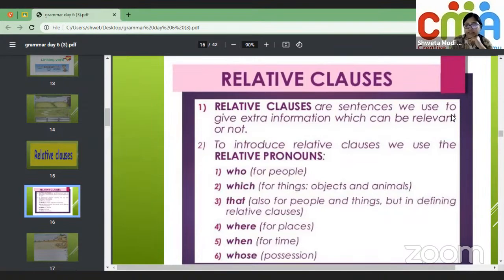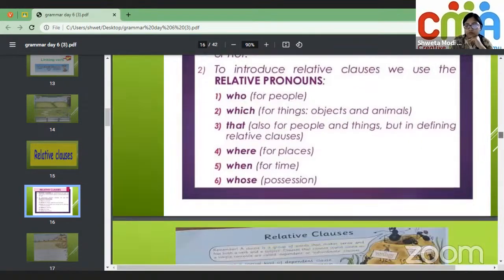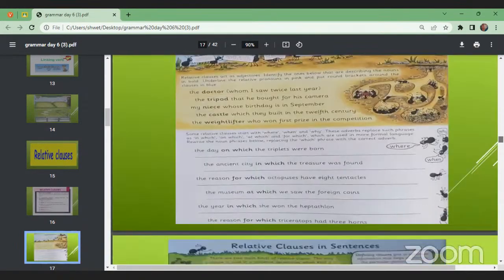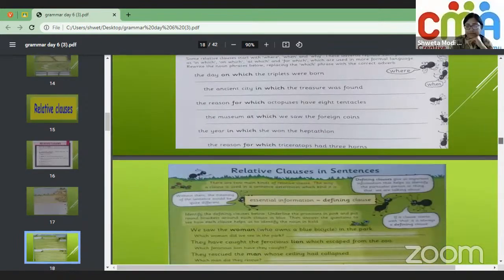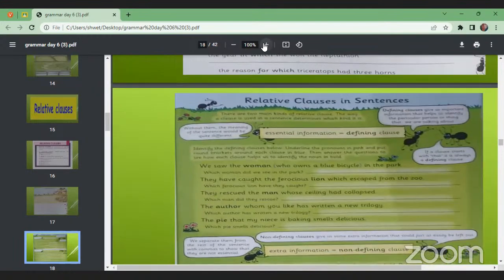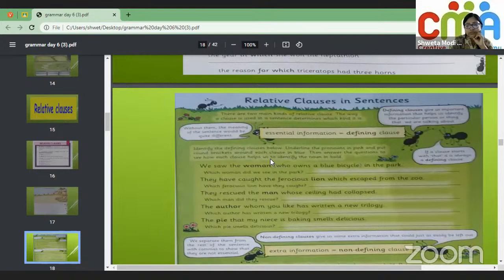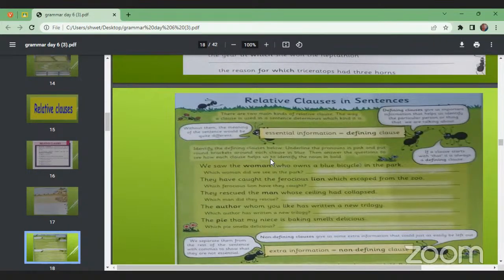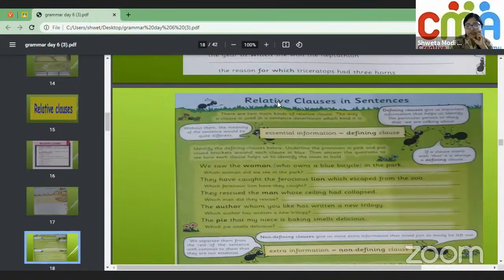So who, which, that, where, when, whose, these are relative words. Now let's look at this. We saw the woman who owns a blue bicycle in the park. Is it very important information or is it just extra information?